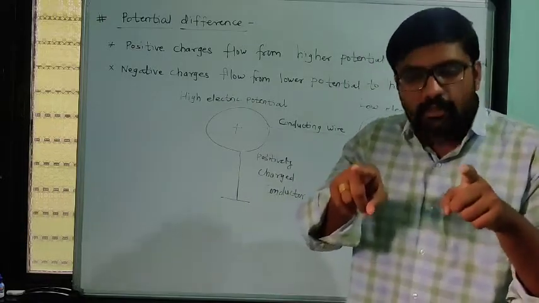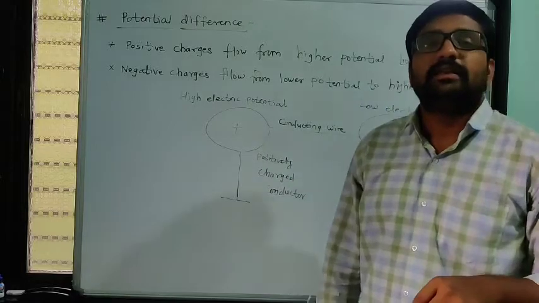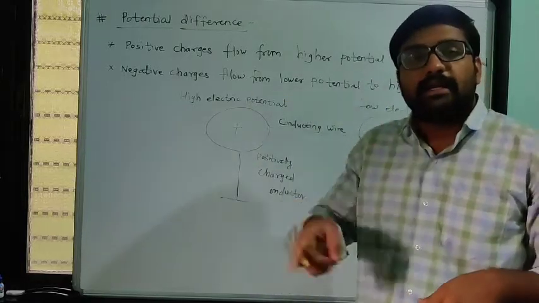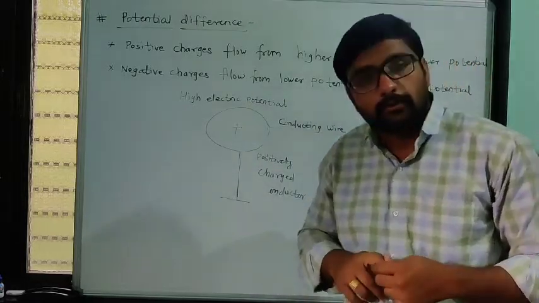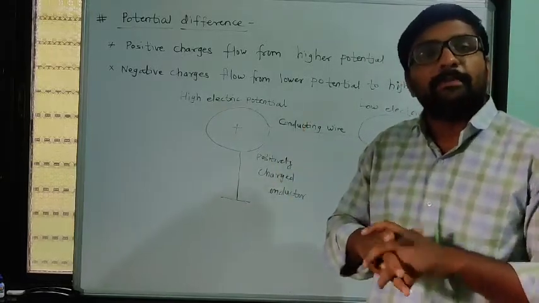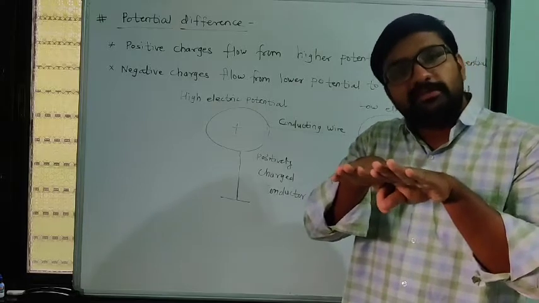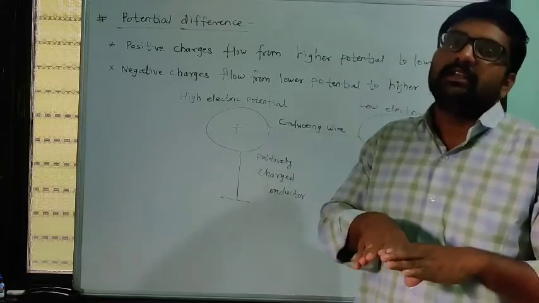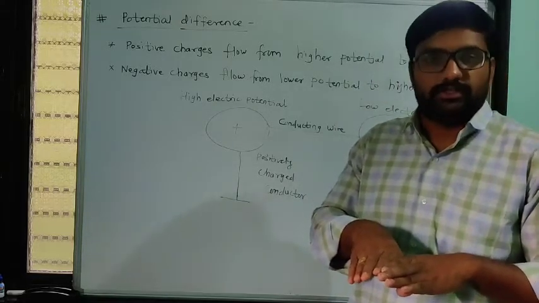If two points have some potential difference, then electrical charges can flow. If there is no potential difference, and the potentials of two points are the same, then charges will not flow through it.